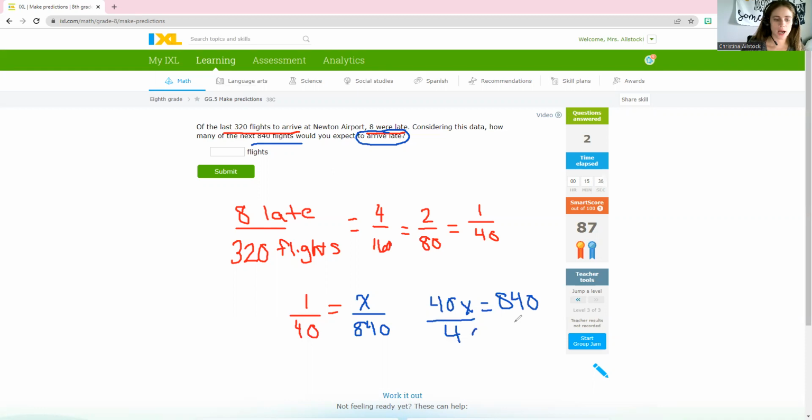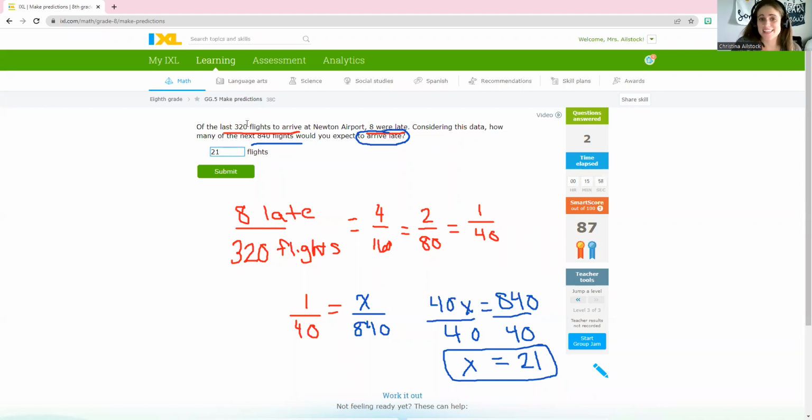When I divide both sides by 40, we get 21. So we can expect that 21 of those flights would end up running late.